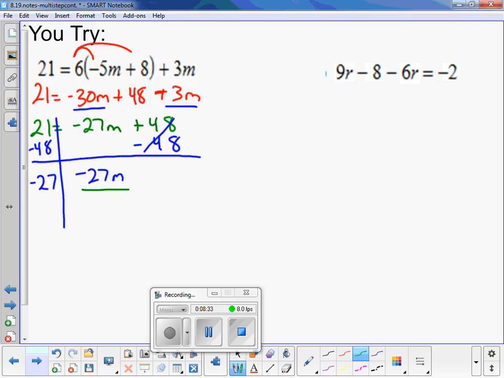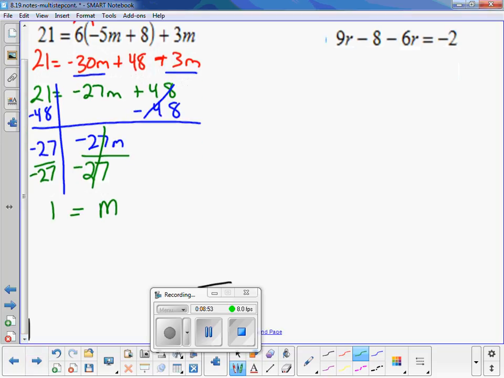It's negative 27 times m, the opposite of multiplication is division, and I want to get rid of the negative 27. So I'm going to divide both sides by negative 27. Over here it cancels, and negative 27 divided by negative 27 is positive 1. So I think that's my answer.